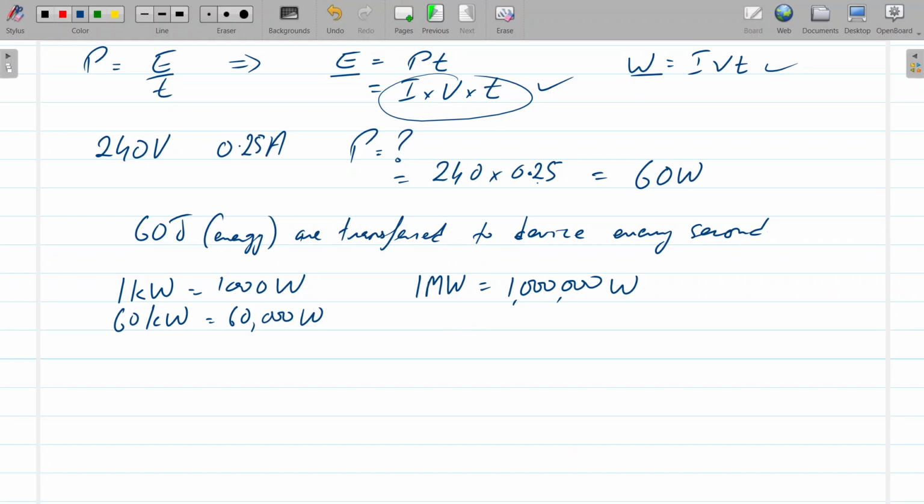For example, if you've got 500 megawatts, that is the power generated to supply cities and everything. And so that basically means you've got 500 million watts. That's not 5 billion, you're missing a zero. That's 8 zeros, so 500 million watts of electricity.